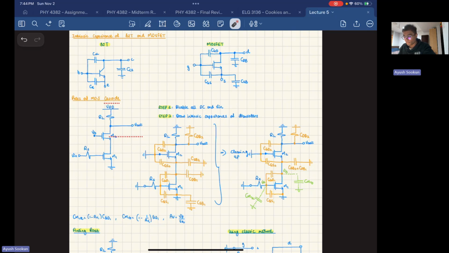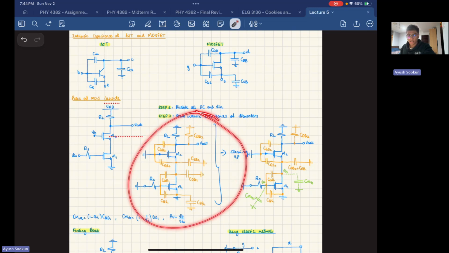But you have to be very careful that you are connecting them correctly. You can't connect CGD here because this is the drain and this is ground. Connected between the drain and ground is not CGD, it's CDB. So you have to make sure terminals are correct when you're putting in the capacitors.